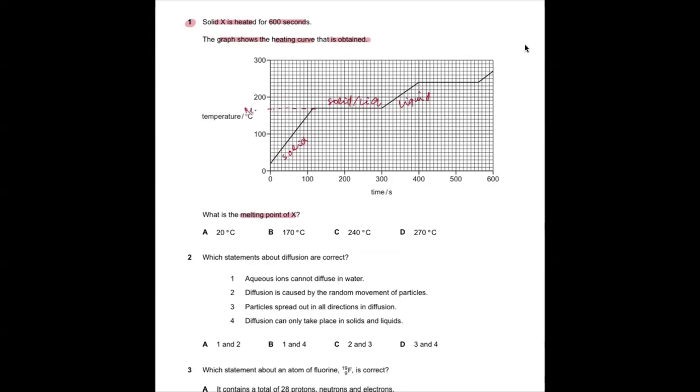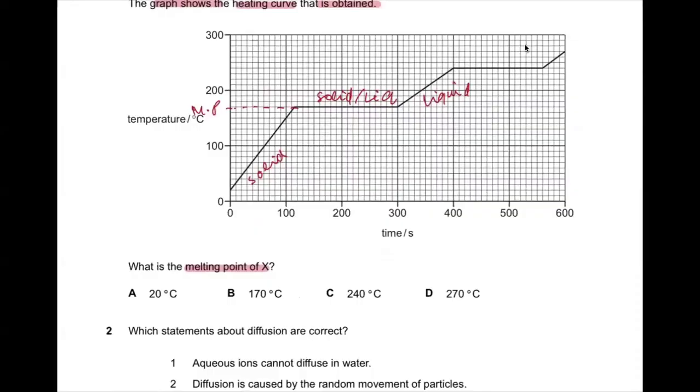So that is the melting point. If you see the melting point, it is going to be 170. So it means A, C, and D are wrong, and D is the correct answer.